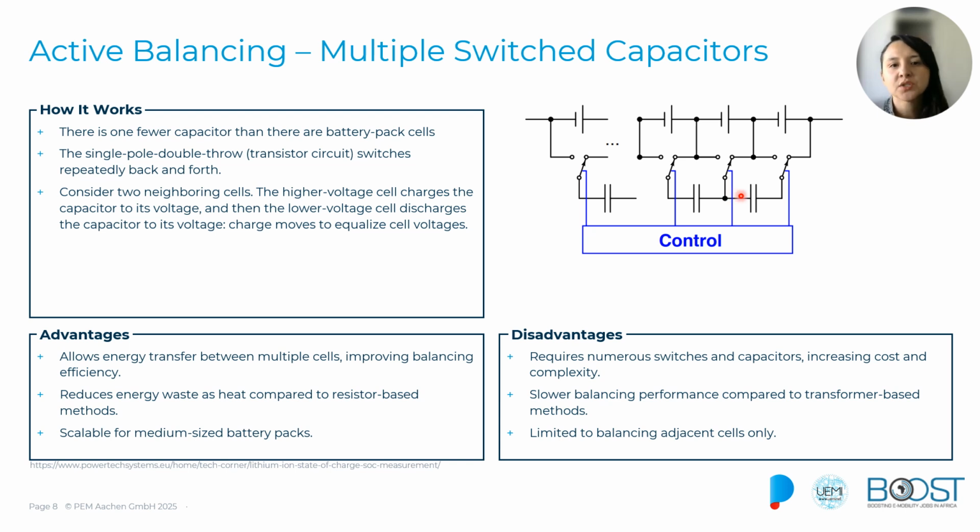Then the switch will disconnect and the capacitor is reconnected to one of the cells that have the lower cell voltage. When we connect it to that cell, the capacitor will be discharged, and in that way it will deliver the energy to the target cell.